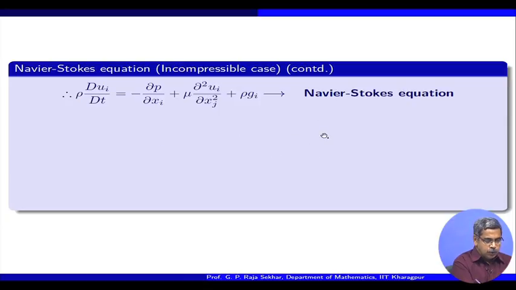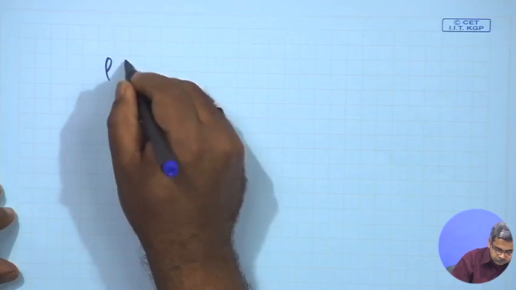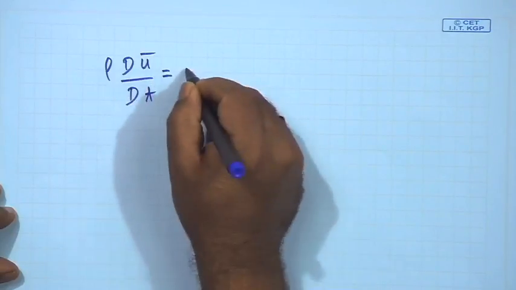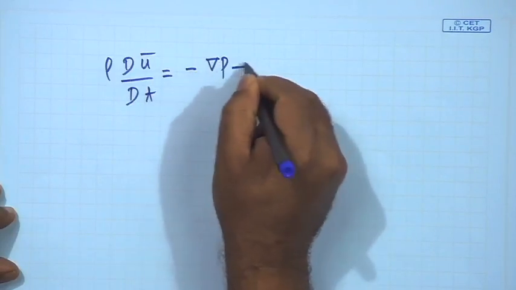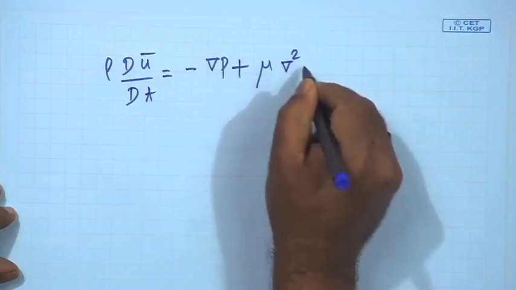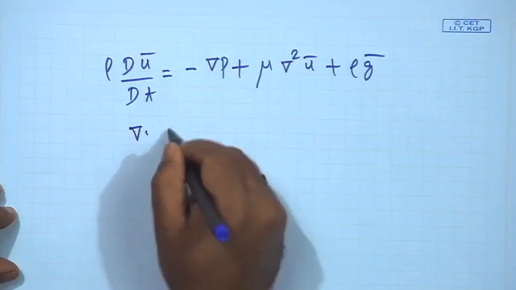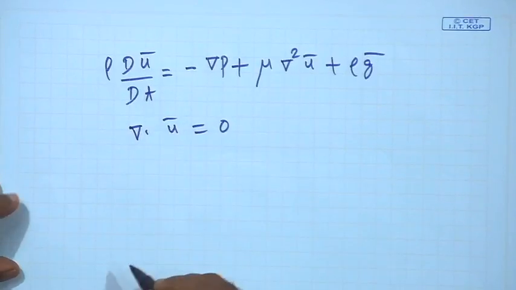Typically, this is used. The same in vector form is: rho times the material derivative of u equals minus grad p plus mu del square u plus rho g, along with the conservation of mass.